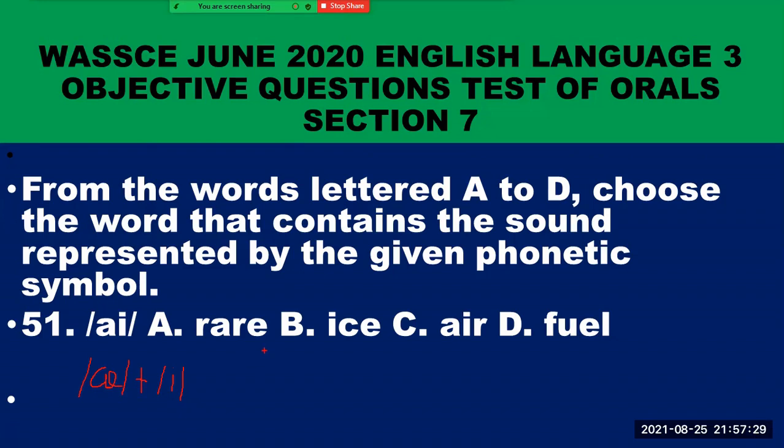So now we look at the sound represented by this phonetic symbol. We look at the word that contains the sound represented by this phonetic symbol. Option A is rare, well, is out of it. Option B is ice. That's quite the correct option, because ice is transcribed like this.